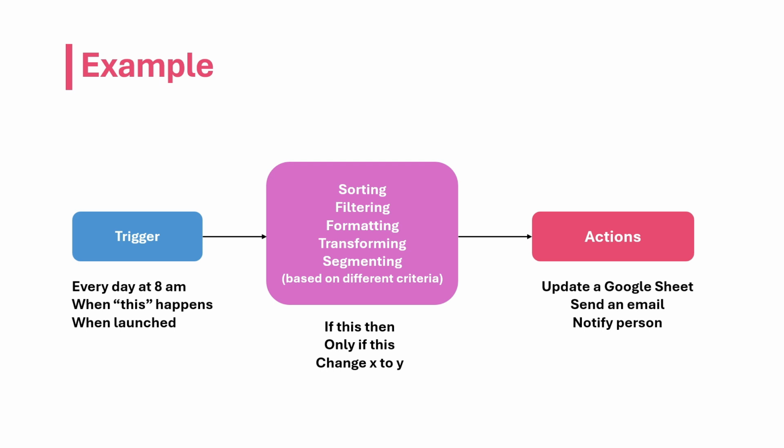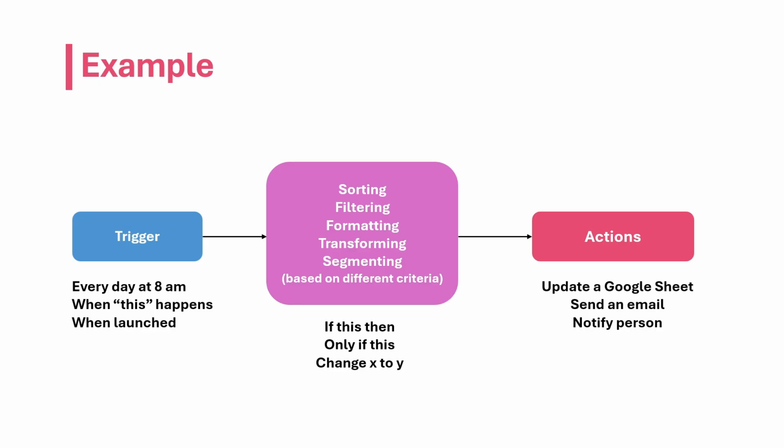Then comes our sorting, filtering, formatting, transforming and segmenting based on particular criteria. So generally this means the filter. All these things are covered in the filter section. So when we see that if this happens, if this is present, then this thing will generate, like if 10 people are there, then they will get a certain percent of discount. These are the things which a filter offers.